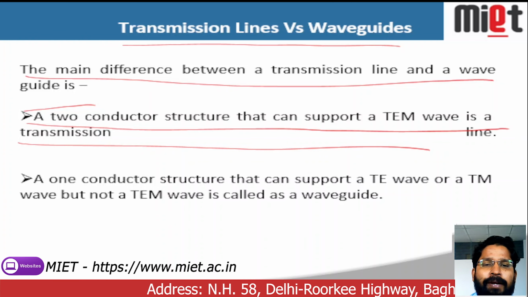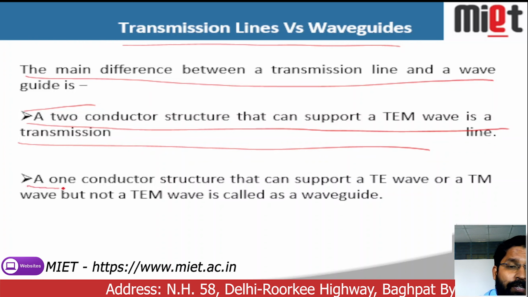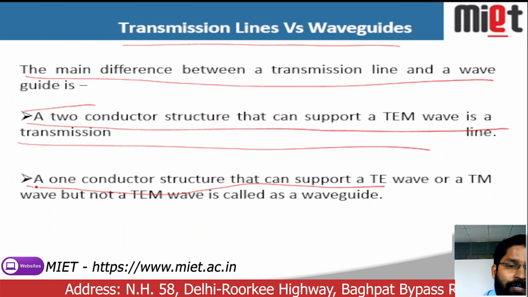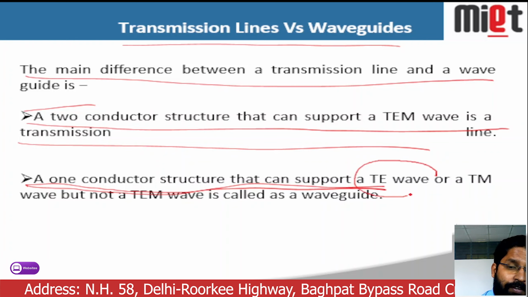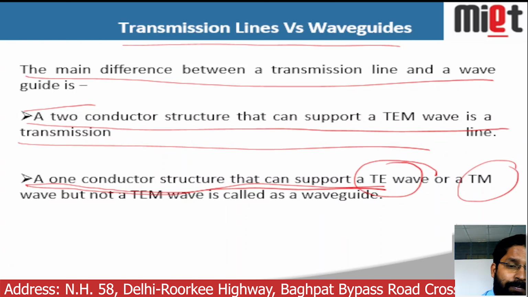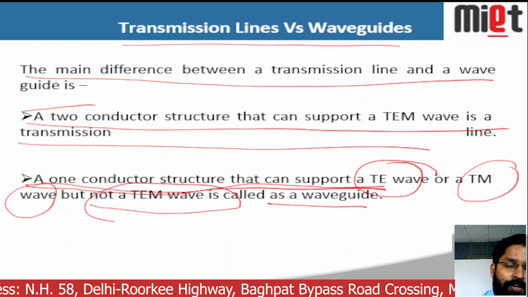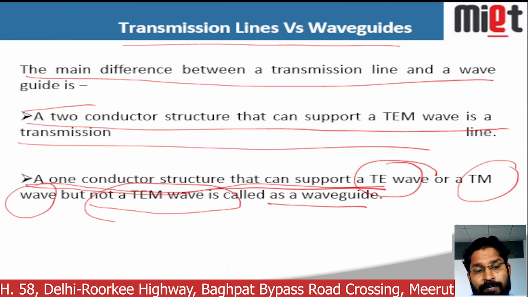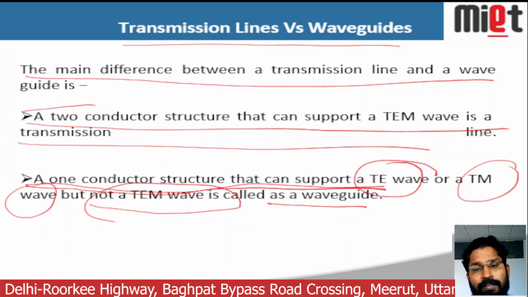There are different types of waveguide, as discussed in the previous slide. A one conductor structure that can support TE waves and TM waves, but not TEM waves, is a waveguide. These are the TE and TM modes we discuss in the further slides.